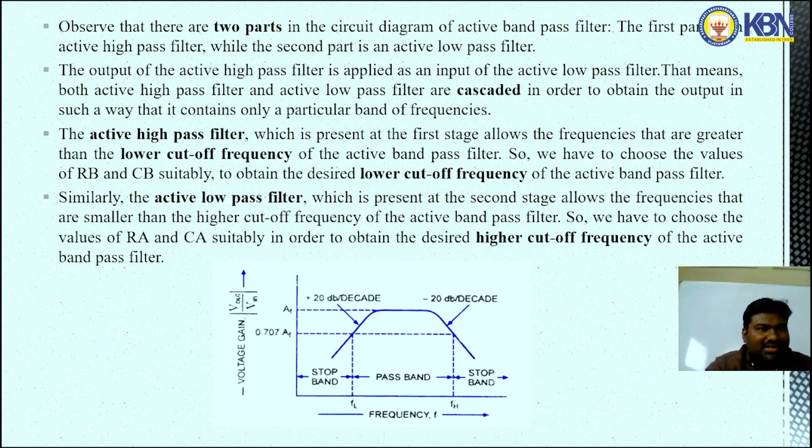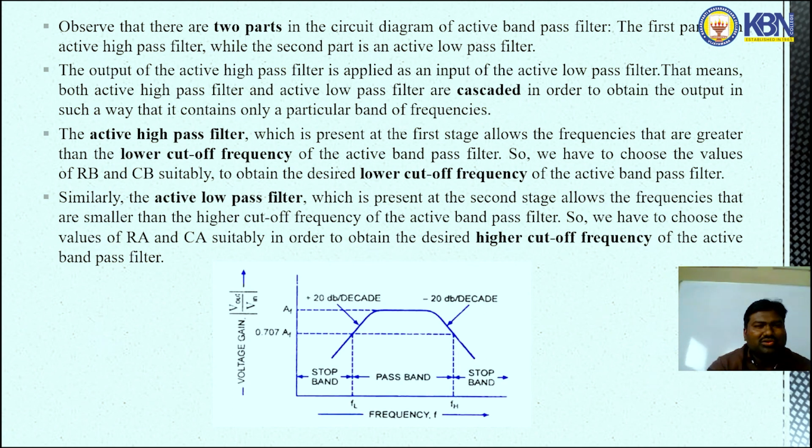We can observe that there are two parts in the circuit diagram of the active band pass filter. The first part is an active high pass filter while the second part is an active low pass filter. The output of the active high pass filter is applied as the input of the active low pass filter.